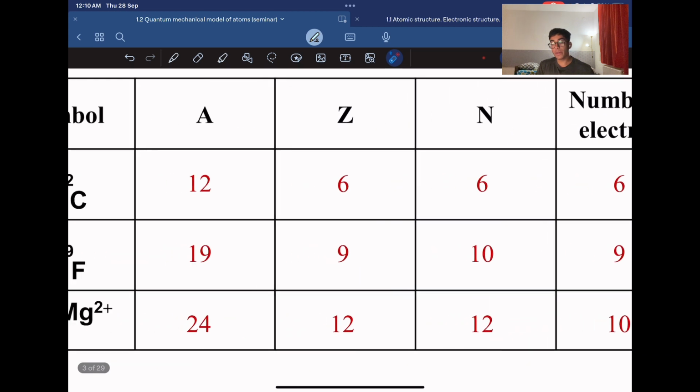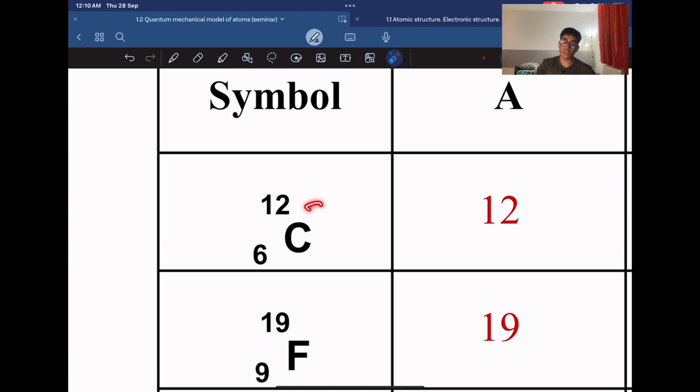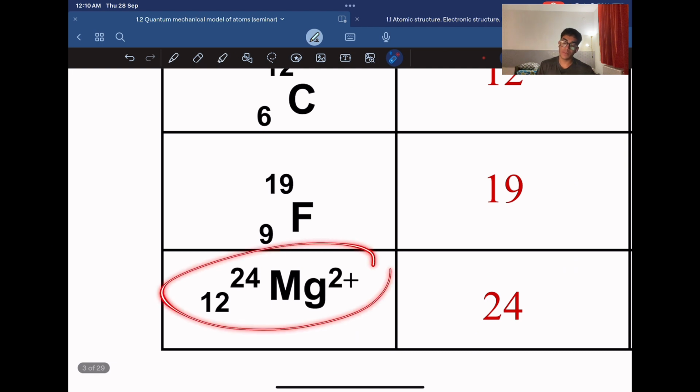Electrical charge remains 0 here because we can see that there is no charge written. Otherwise there would be a charge written here, but there's none, so the charge is 0. Now we have Mg2+. Here we can see the mass number is 24 and the atomic number is 12.